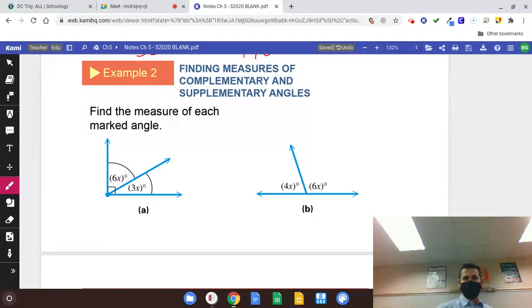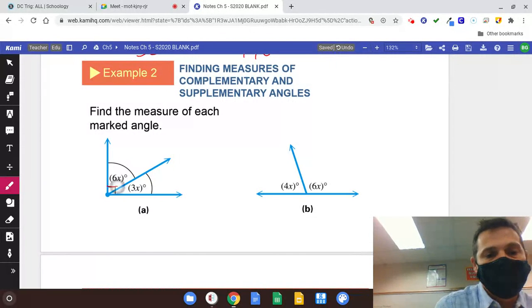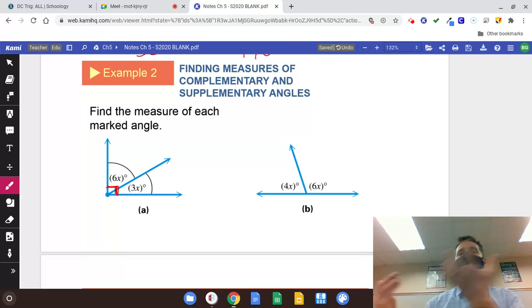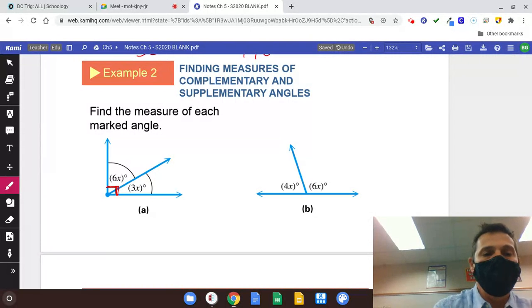So example 2, finding measures of complementary and supplementary angles. I guess the first thing you're supposed to notice is that this is a 90-degree angle. We see from the picture that this is a 90-degree angle. That means complementary, right? These are complementary. And so all you have to do to find the measures is say, well, I know that this 6x and this 3x are going to add up to 90.